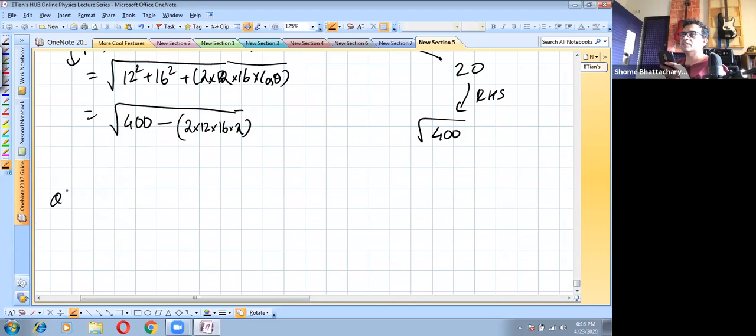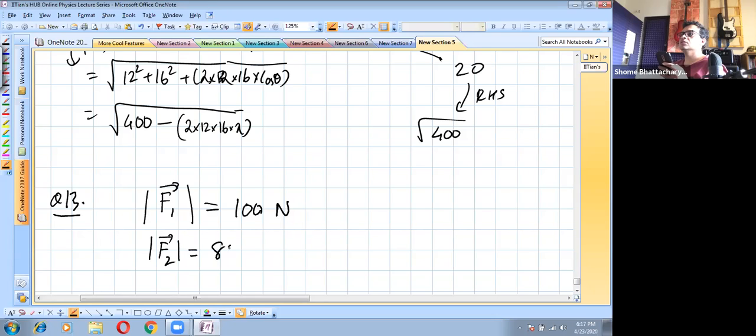Now in 13th question, again a small hint I'll give you. It is given to us that magnitude of F1, and this is the one in which there is a correction also, so I repeat that. So magnitude of F1 is 100 newtons. Magnitude of F2 is 80 newtons. And the magnitude of F3 is 60 newtons.